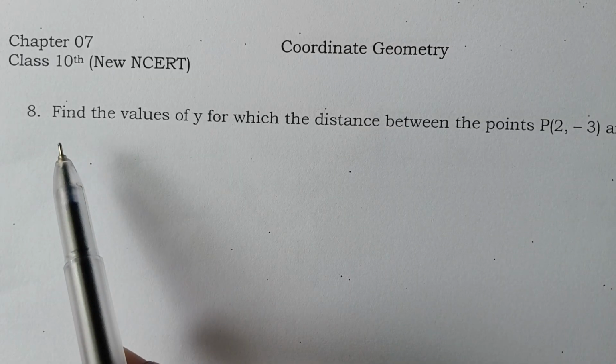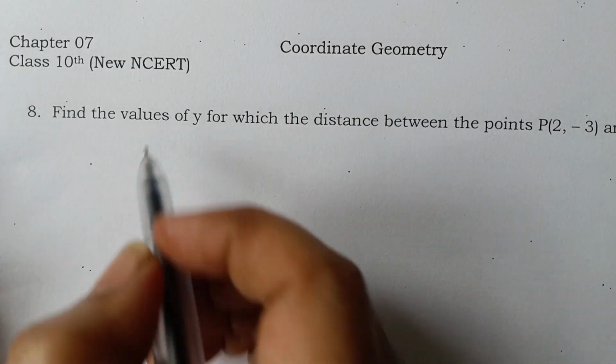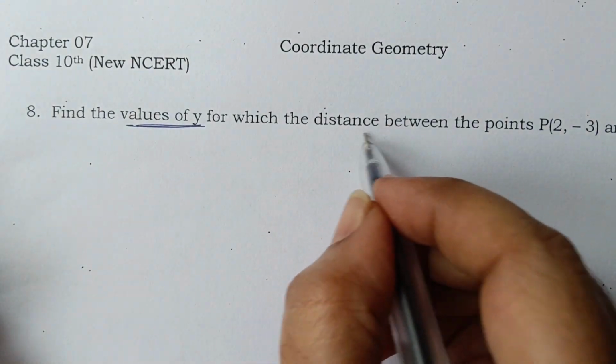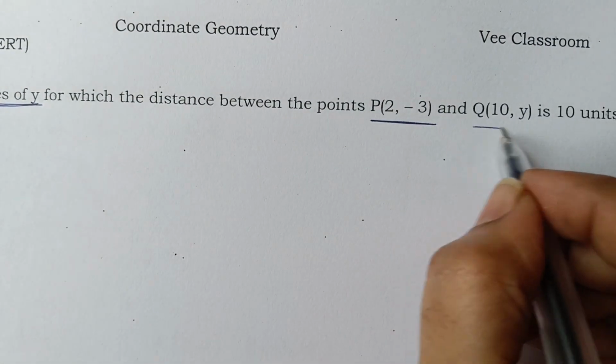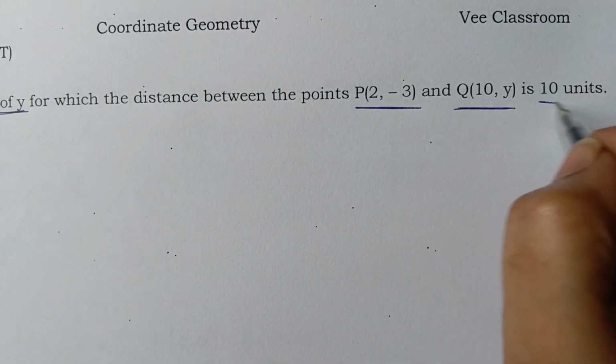Okay, so next, 8th problem. Find the values of y for which the distance between the points P 2 comma minus 3 and Q 10 comma y is 10 units.